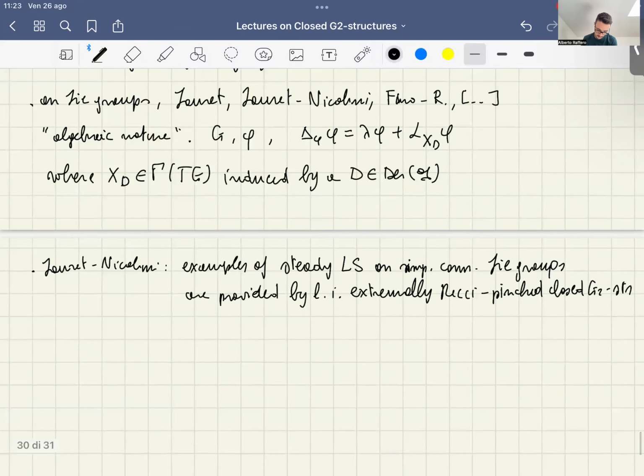And on the other hand, there exist examples of steady Laplacian solitons that are not extremely Ricci pinched closed structures. So you only have one of the two directions here.